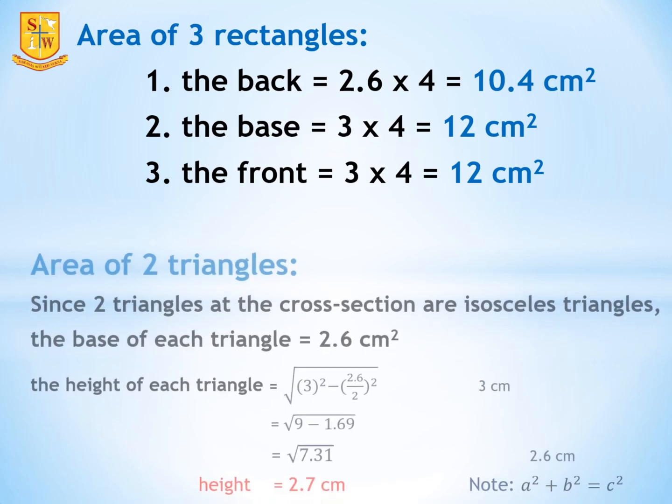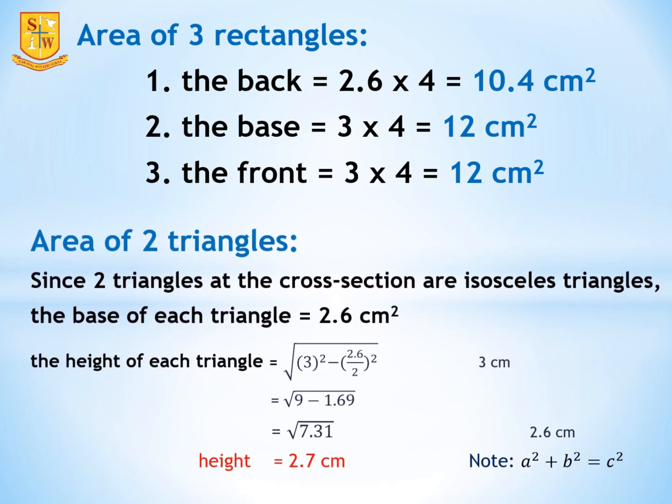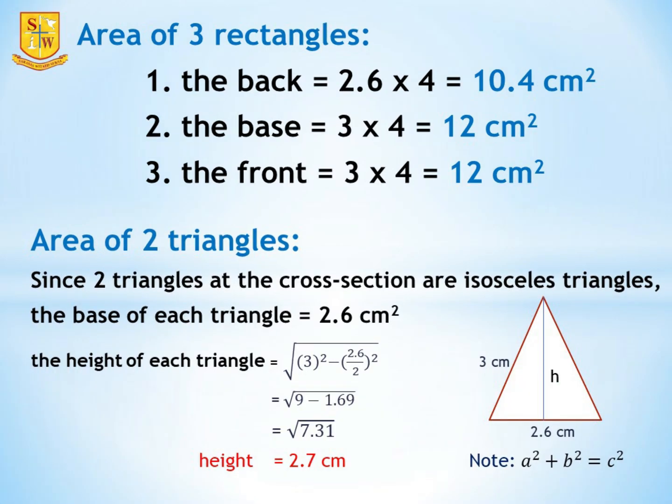Then the area of the two triangles. Since the two triangles at the cross-section are isosceles triangles, the base of each triangle equals 2.6 centimeters. Take note that we use the Pythagorean theorem to solve for the height of each triangle, which is a squared plus b squared equals c squared.